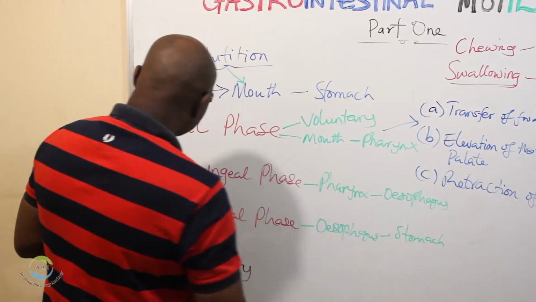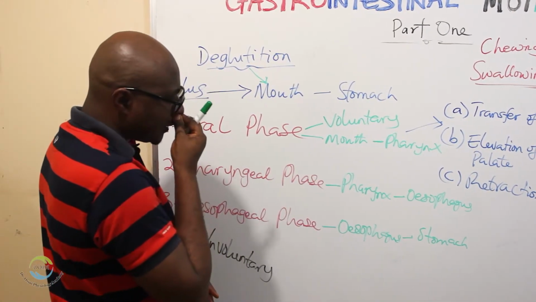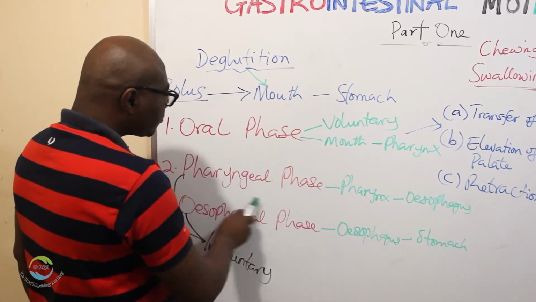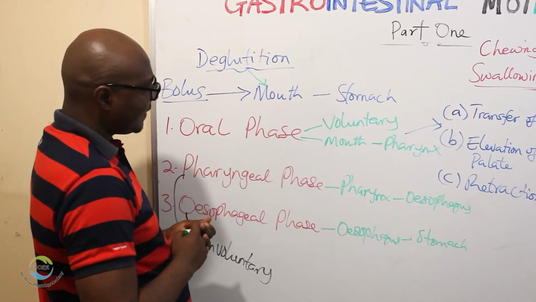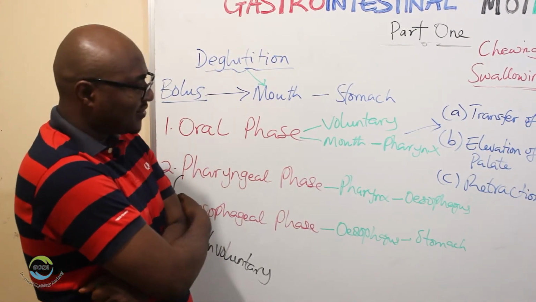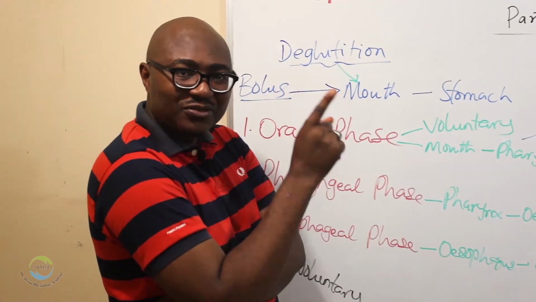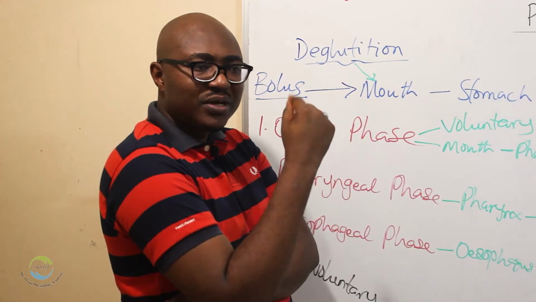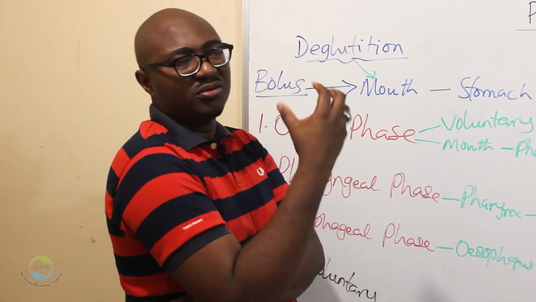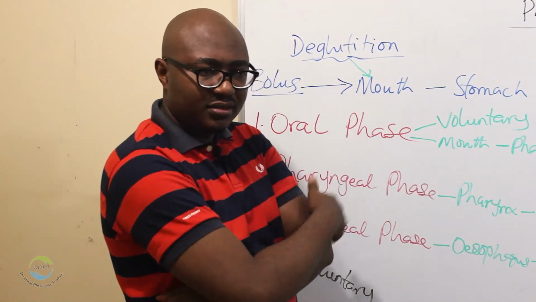All right. So now we enter the pharyngeal phase. This is where it's most complex. Why this pharyngeal phase is complex is the fact that there is a connection between your mouth and your nostrils.